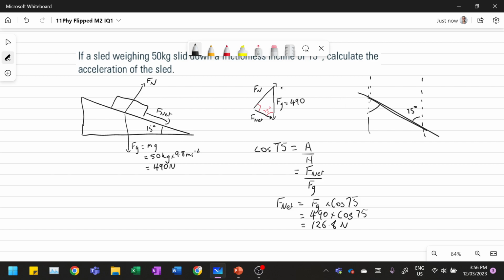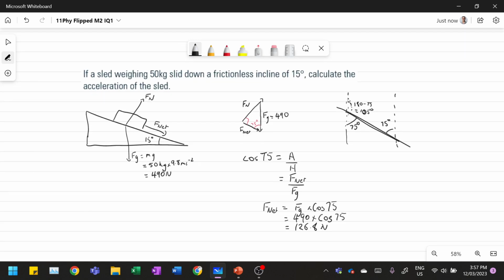Because we have a pair of alternate angles, this is also going to be 75 degrees, meaning that our bearing from north to the Fnet vector is going to be 180 minus 75, which is equal to 105 degrees. That's going to be our true bearing. So in our final answer, we can say that the net force is 126.8 newtons, and the bearing is going to be 105 degrees true.